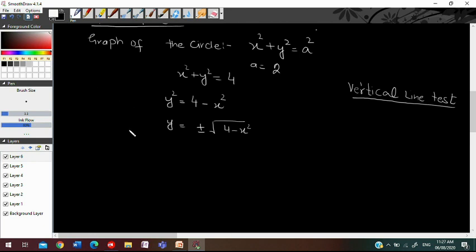Now here we have two functions: y is equal to plus under root 4 minus x square, and y is equal to minus under root 4 minus x square.